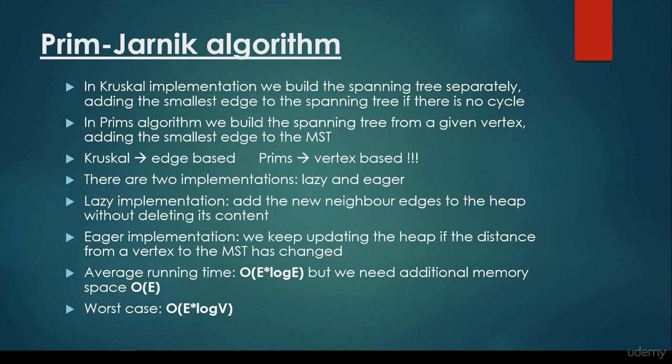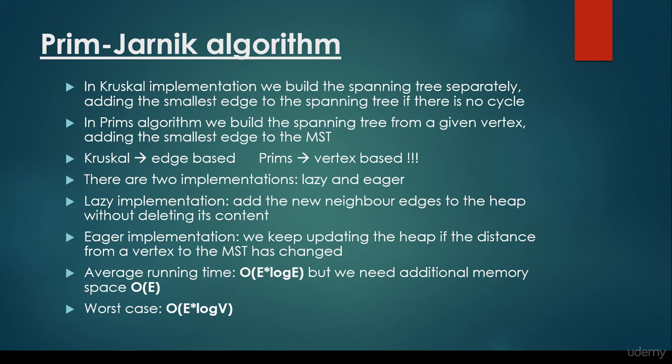As far as the lazy implementation is concerned, we add the new neighbor edges to the heap without deleting its content. So we are not going to bother about the content of the heap, we are just going to add the new neighbors. So we have to use a heap as the underlying abstract data type. In the eager implementation we keep updating the heap if the distance from the vertex to the minimum spanning tree has changed.